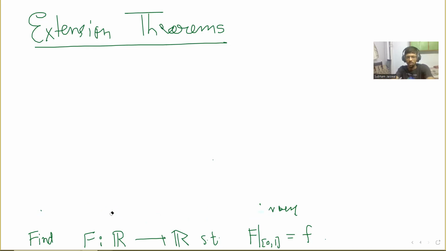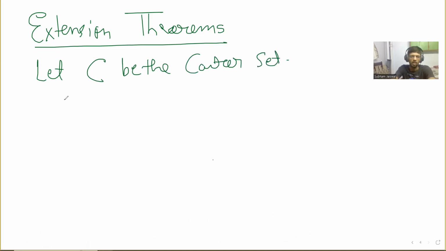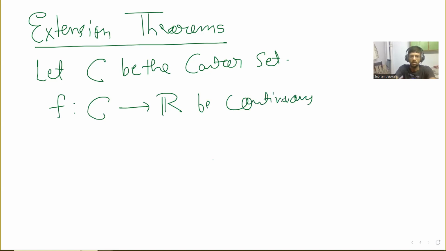So the question which I am thinking about is the following: you take the Cantor set C, and there we ask the same question. Let f from C to R be continuous, because this is where now we cannot really play that game.